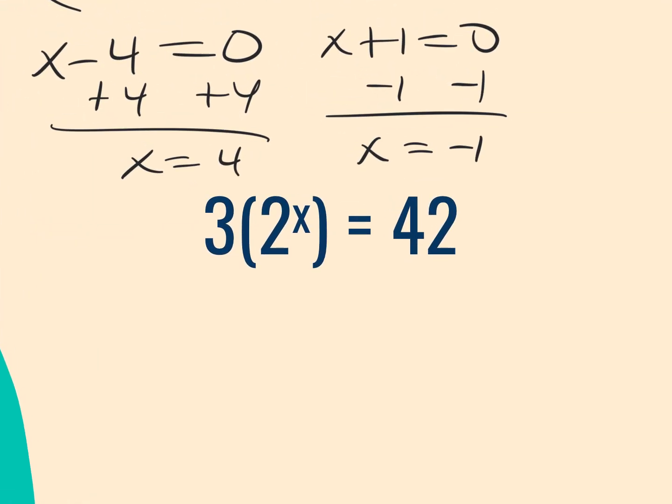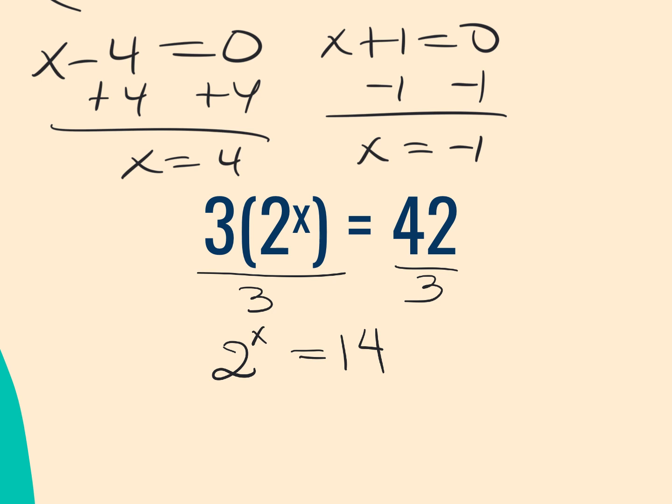I need to isolate the base with the exponent, so I'm going to divide both sides by 3. And then I'm left with 2 raised to the x power equals 14. Now, I cannot change 14 so it has a base of 2, so I cannot solve this in exponential form.